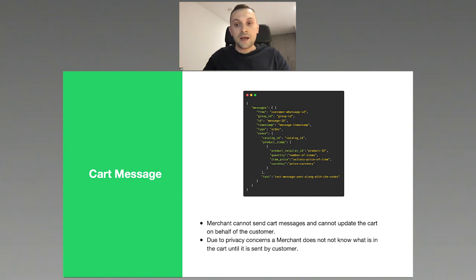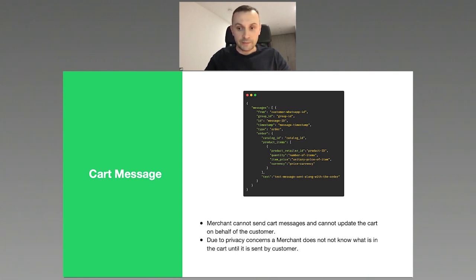Once a customer sends a cart to a merchant, the merchant receives a webhook. The webhook contains a payload where the product item IDs selected by the customer and quantity are specified, as well as price and currency.